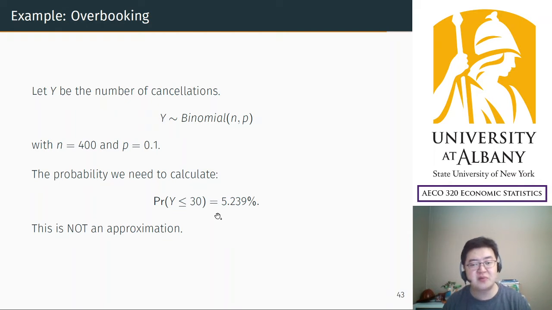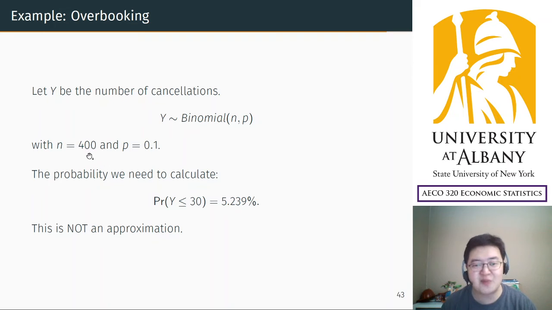And each of the probabilities is also very complicated because the number itself is 400. If you think about the combination rule, you have to choose 30 out of 400. So you have to multiply a lot of numbers. That is very annoying and very complicated.